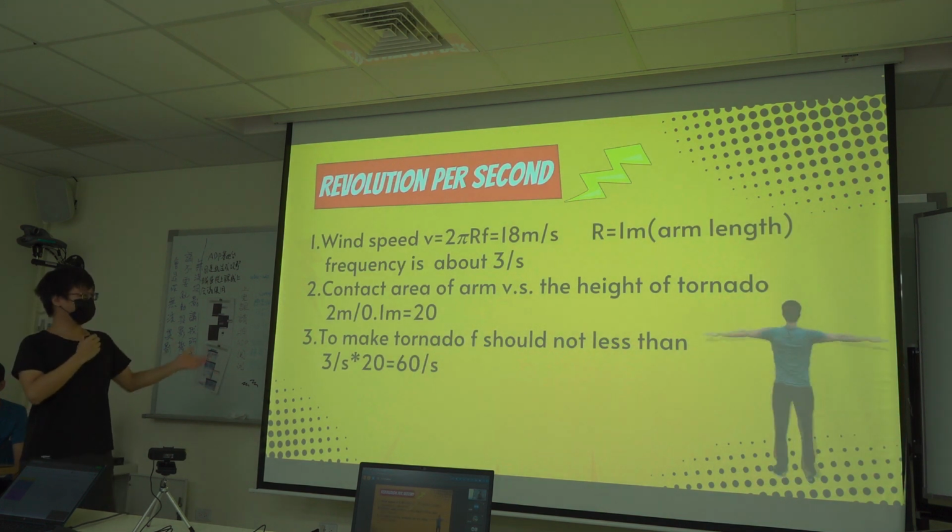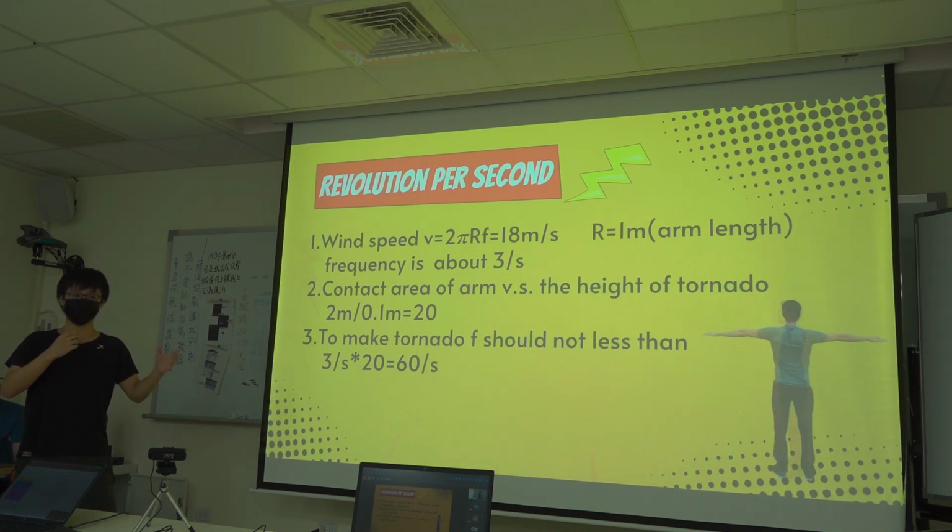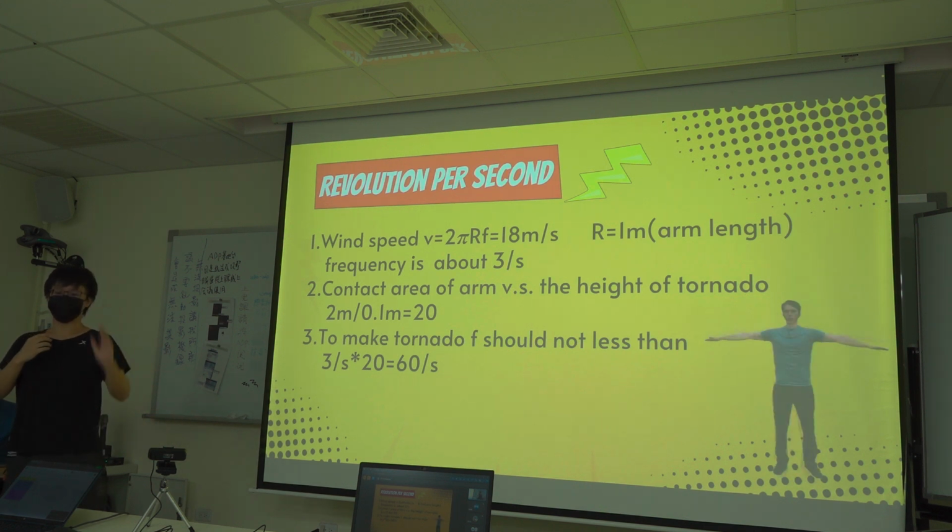And in the movie, the Flash rotates his body and arm to make a wind speed of at least 18 meters per second, since he needs enough kinetic energy to blow a human being.